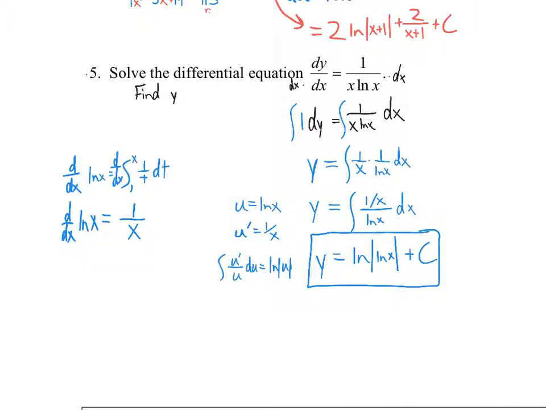Wait, actually no, because if it's ln of a number, that's a constant, so the derivative would equal 0. So if it's x, then it will be like that. Yes. I just need to remember the ln's derivative is 1 over x. Yeah, that's just a rule you should memorize.